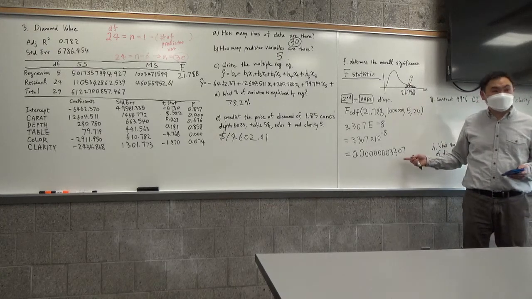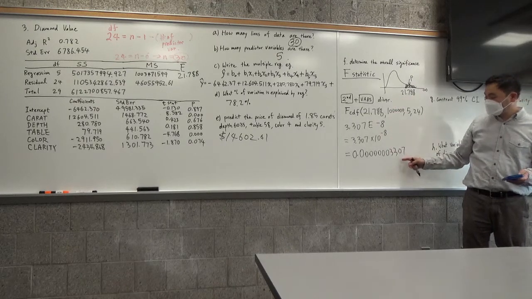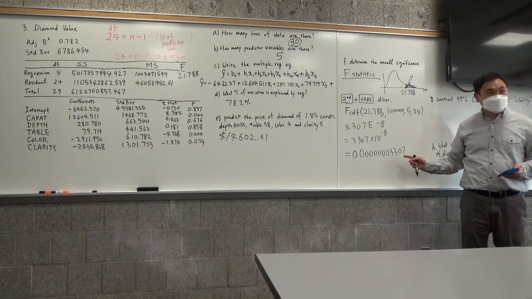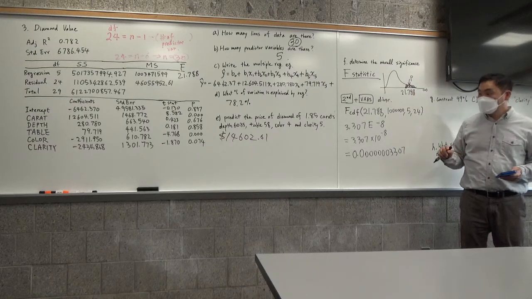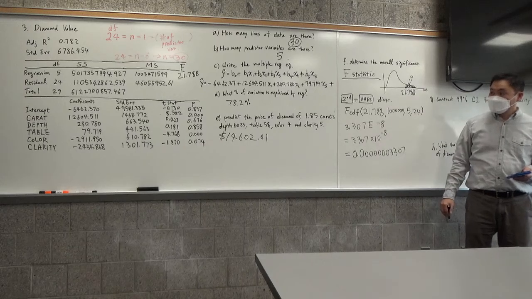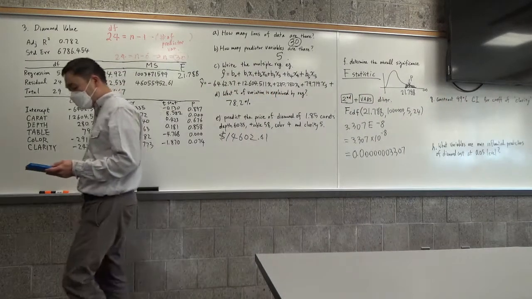That's what it means. Significance means just getting those numbers by chance is very small. There must be some linear relationship between the diamond value and at least some of these predictors. Okay, so that's what it means.